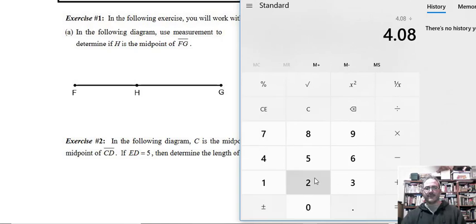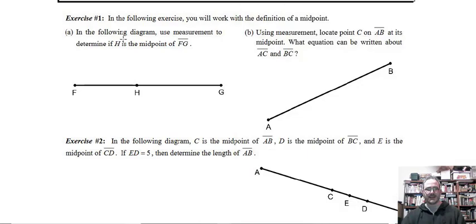If I divide that in half, that should be the length. 2.04 should be the length of my midpoint, right? But did I get that? No, I got 1.78. Sorry, I have to switch back and forth between tools. 1.78 is what I got.